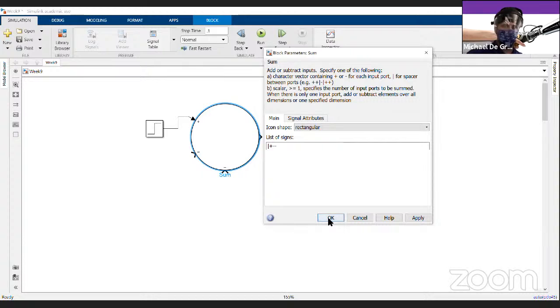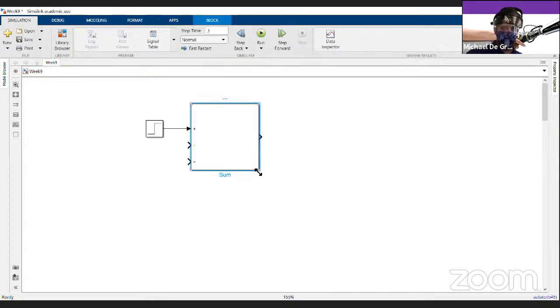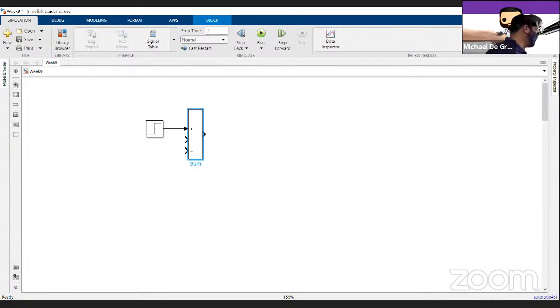So I'll change it from round to rectangle, and I'll get this, and then I'll size it nicely, right? Make it look nice. What if you use circle instead of rectangle? Right? What happens then? It's clear it's wrong and you lose all the points, right? Oh, doesn't matter. It's just aesthetically pleasing for me to have the rectangle. I don't like the circle. Do whatever you want. It's fine. It'll still work.